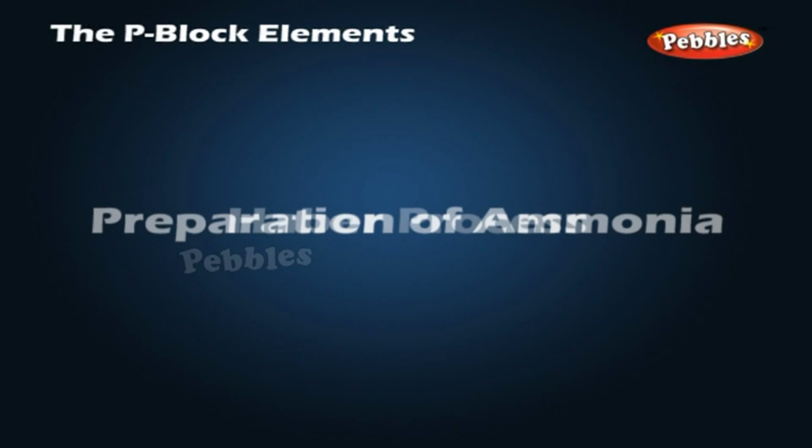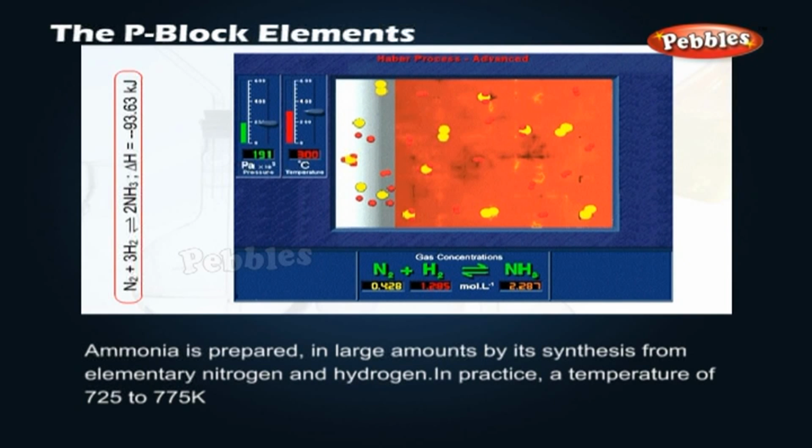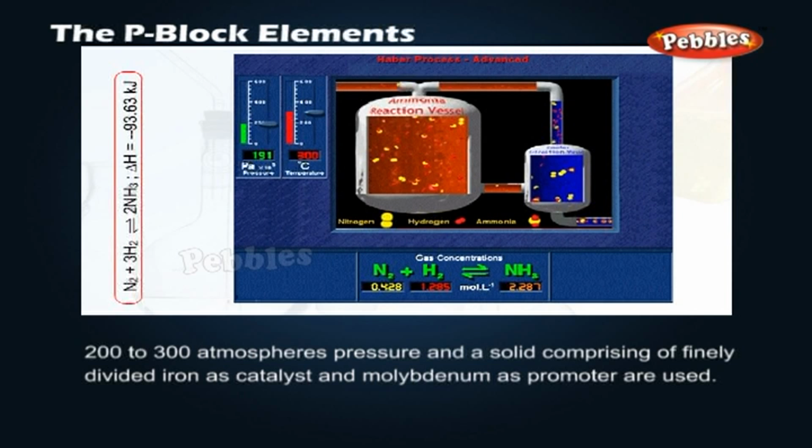Preparation of ammonia. Haber's process. Ammonia is prepared in large amounts by its synthesis from elementary nitrogen and hydrogen. In practice, a temperature of 725 to 775 K, 200 to 300 atmosphere pressure, and a solid comprising finely divided iron as catalyst and molybdenum as promoter are used.